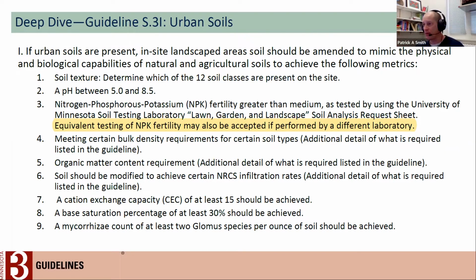So it's a pretty straightforward test. It's not very expensive, and it's intended to capture the condition of that topsoil. We're fine if that comes in from another laboratory, provided it gives the same outputs, because that's come up a couple of times. If you've already engaged with soil testing, you may want to just have that done as part of that.